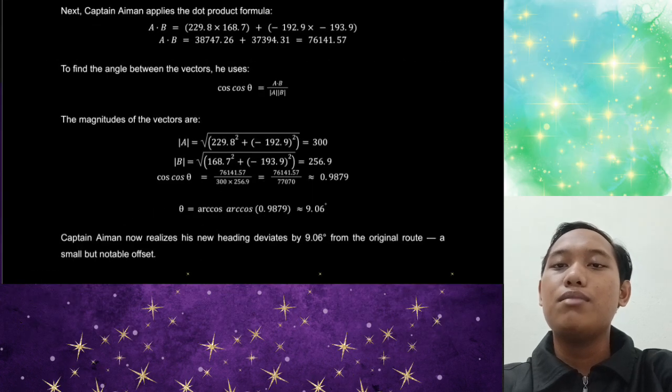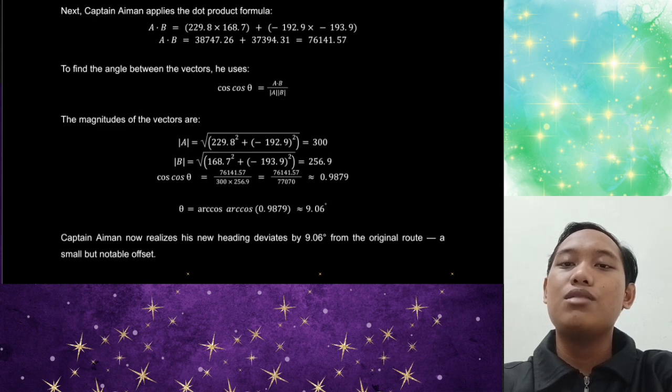Okay, next Captain Aiman applies the dot product formula. A dot B equals 229.8 times 168.7 plus negative 192.9 times negative 193.9.